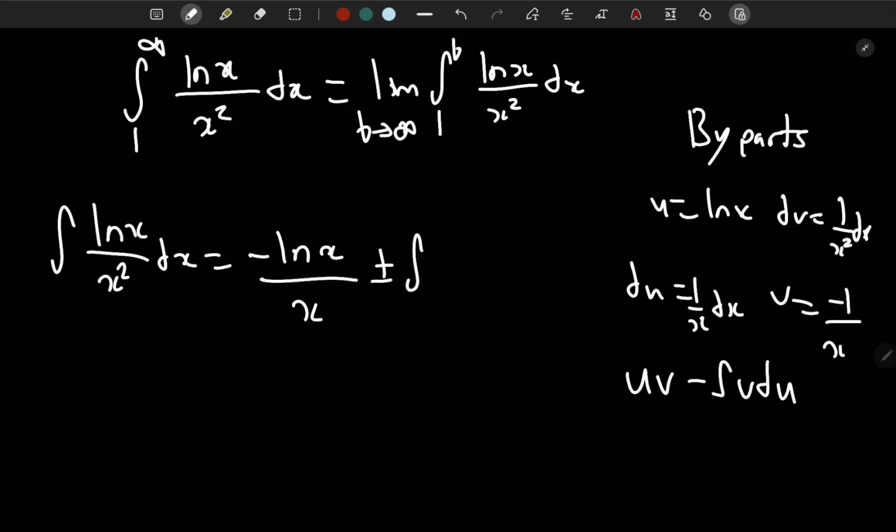And then it's just going to be 1 over x du now. Du is also 1 over x, so it's going to be 1 over x squared dx.